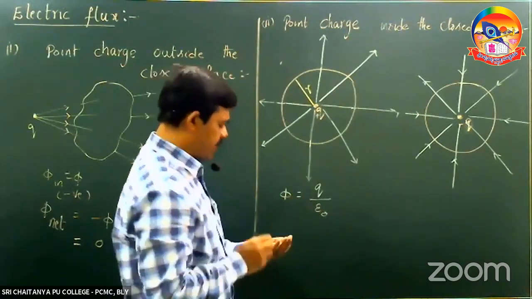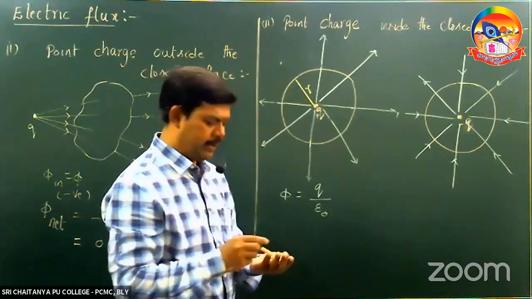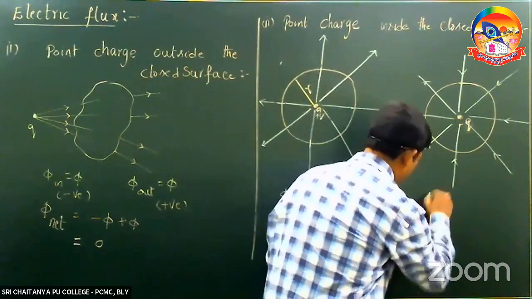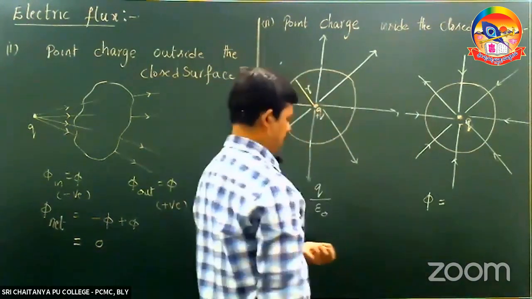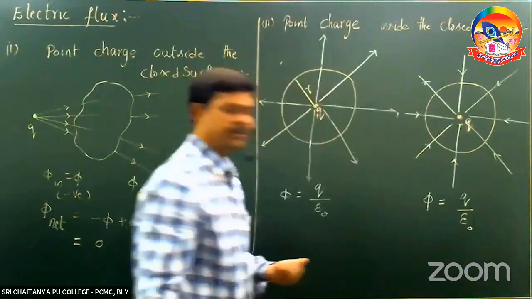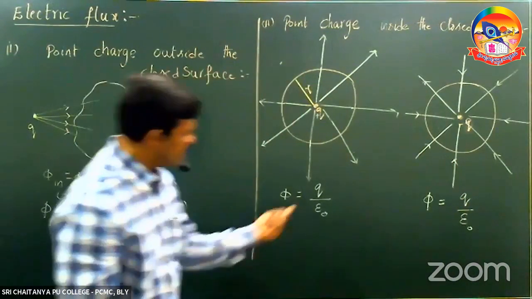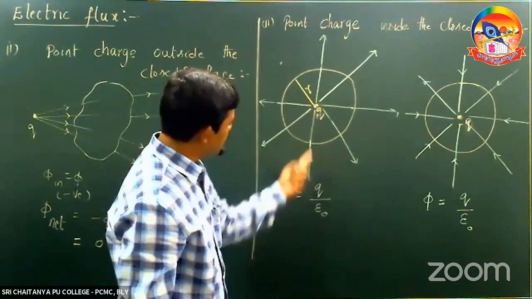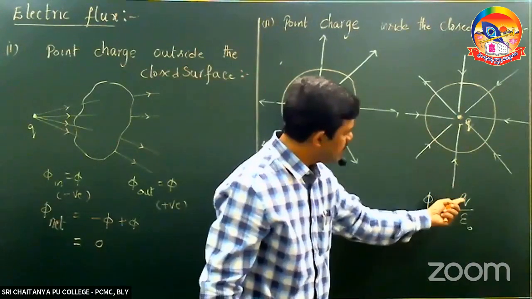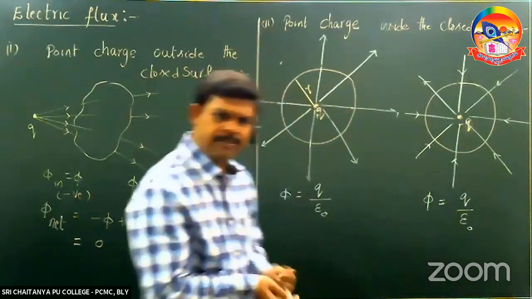And if you calculate the flux, already yesterday we calculated that flux phi is Q by epsilon naught. If you see these formulas, whenever positive charge is there inside, Q by epsilon naught. Negative charge is inside, Q by epsilon naught.